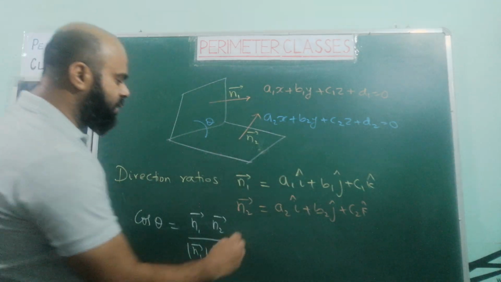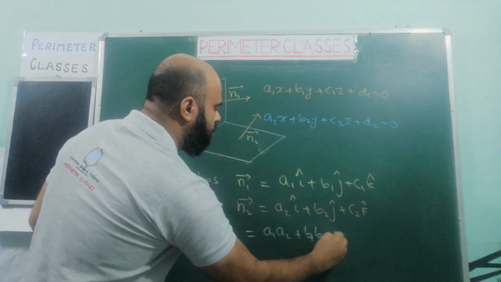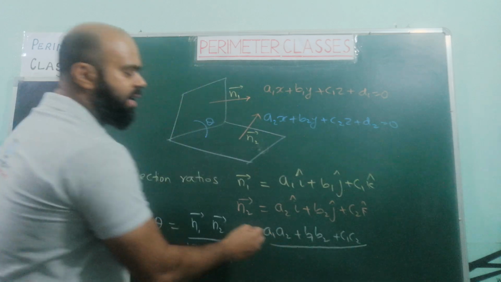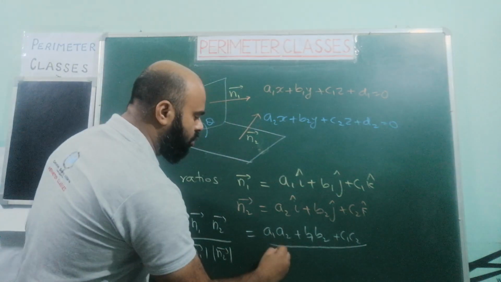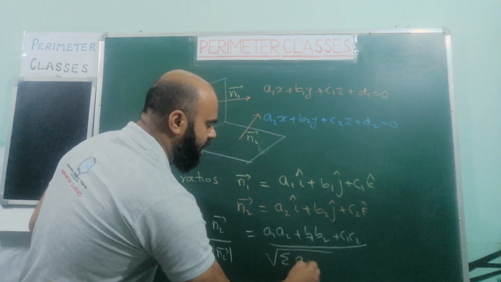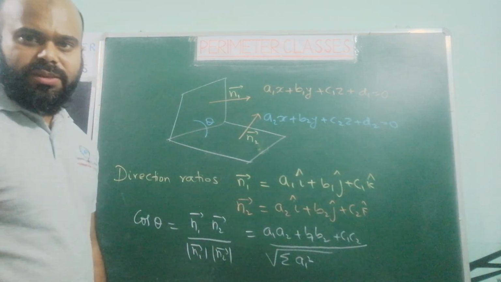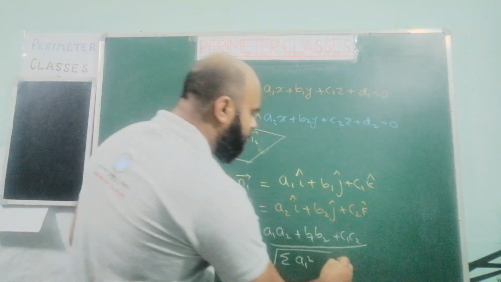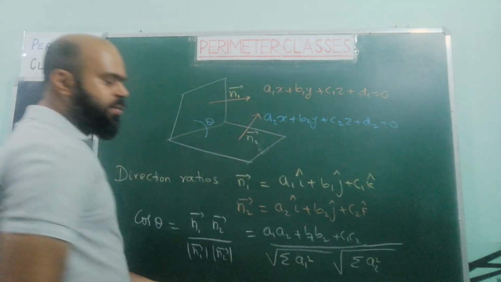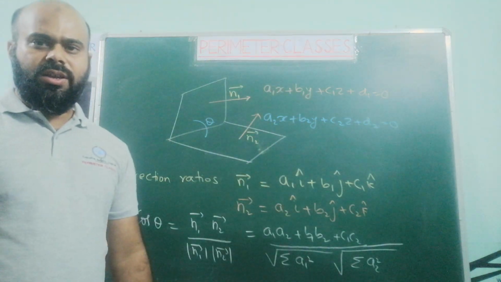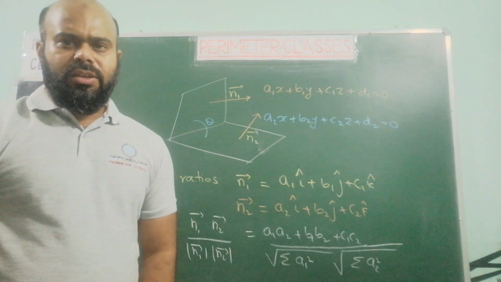So we can write it as a1 a2 plus b1 b2 plus c1 c2 after taking the dot product component-wise, and the magnitude over here is root over a1 square plus b1 square plus c1 square, and here root over a2 square plus b2 square plus c2 square. So this is how we can find the angle between two planes.